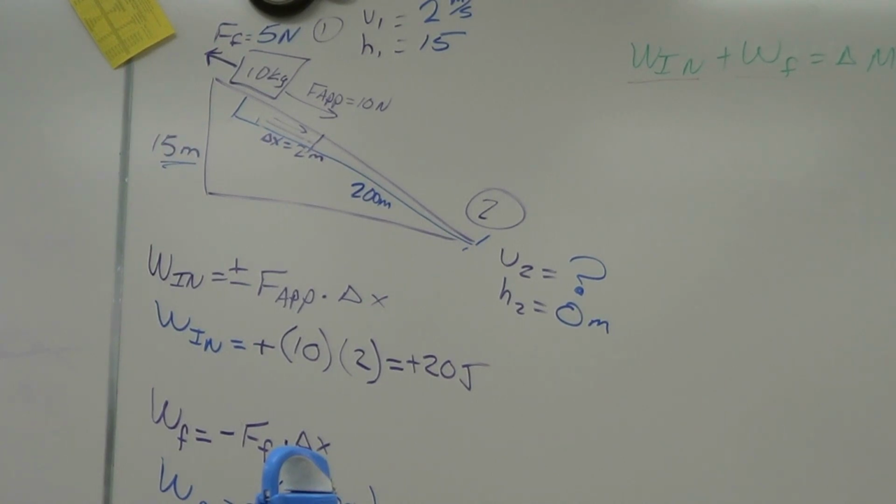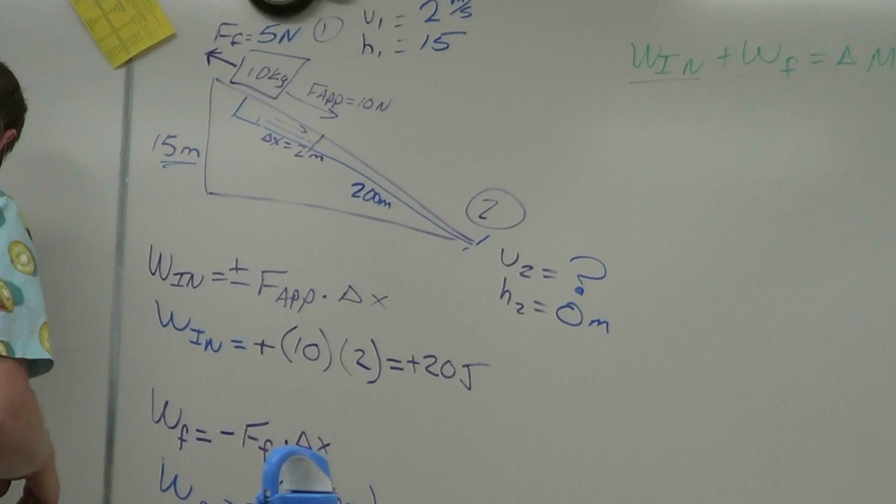So friction removes 1,000 joules as the kid's moving down the hill. You push them, you add 20, but friction's going to remove 1,000 over the whole length of the hill. Now 200 meters is a pretty decent sledding hill for the record. It's pretty long.